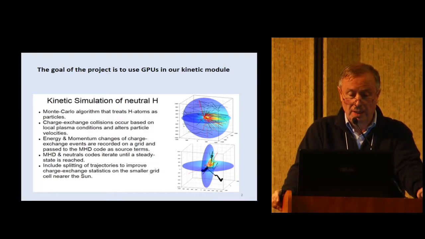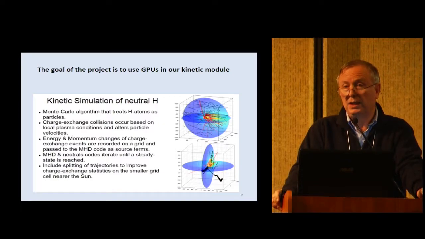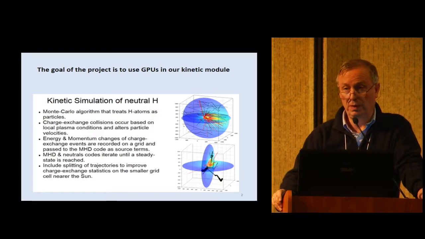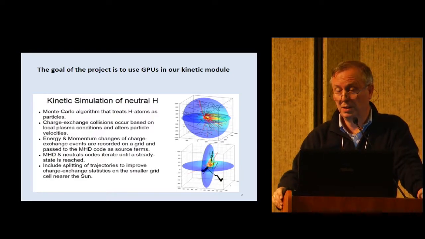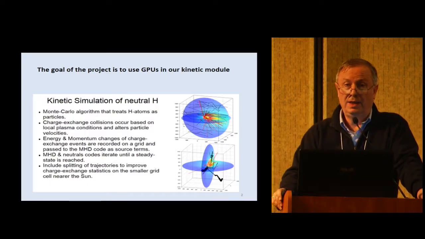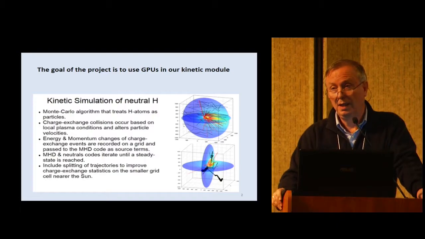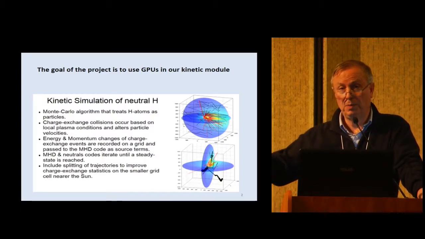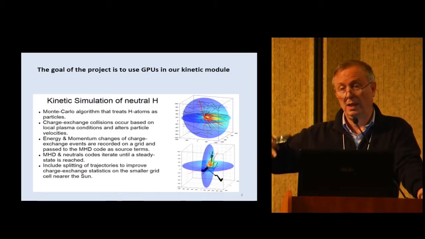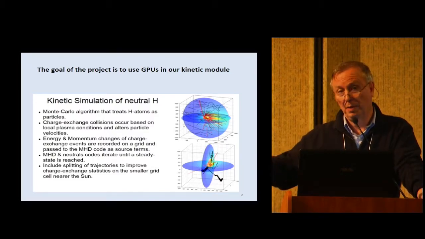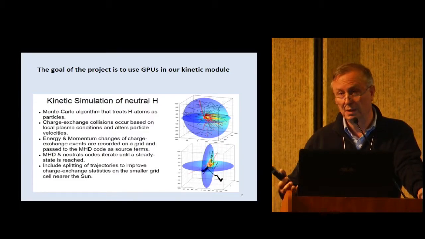Charge exchange, apart, of course, from solving the Boltzmann equation, which gives us the distribution function of neutrals, there is an issue related to the source term in the MHD equations. The source terms are determined from Monte Carlo simulations of neutrals.